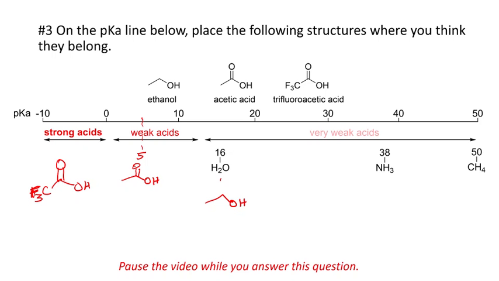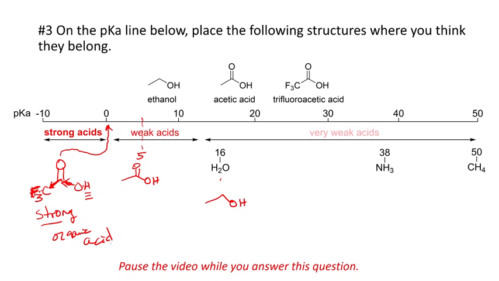And so it's basically an electron suck, which is pulling electrons toward it all through these bonds, and exposing that proton significantly. And it should not surprise you if trifluoroacetic acid ends up right at 0, right on the edge of strong acid. We would consider trifluoroacetic acid to be a strong organic acid.